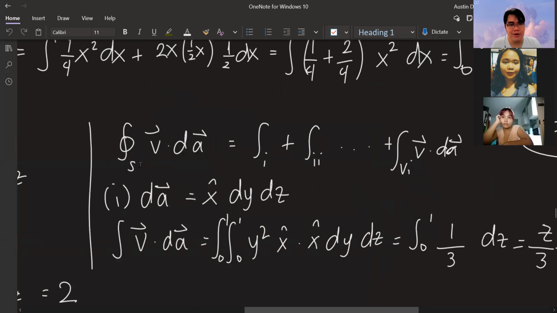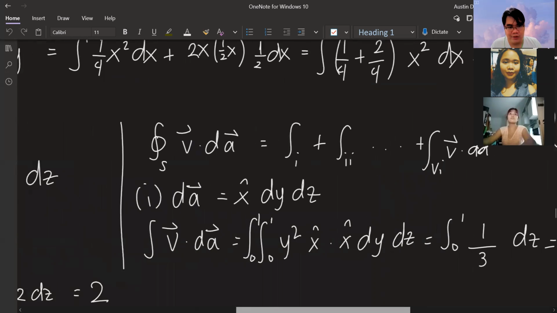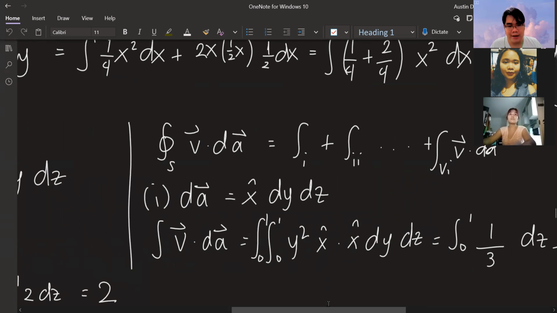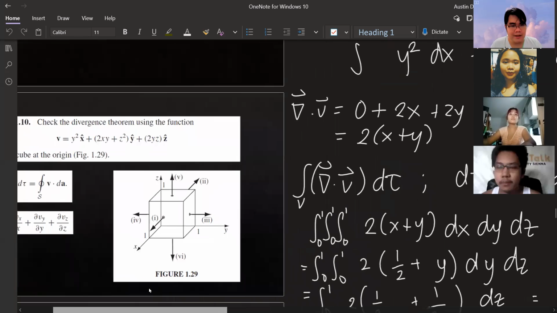So ito yon. So integral, close integral ng v dot dA is given by this. So yung sa 1, yung sa 2, and so on and so forth, papunta sa 6, i-add natin lahat yun. So last time, umabot tayo sa 1 lang. Okay? So tuloy natin.